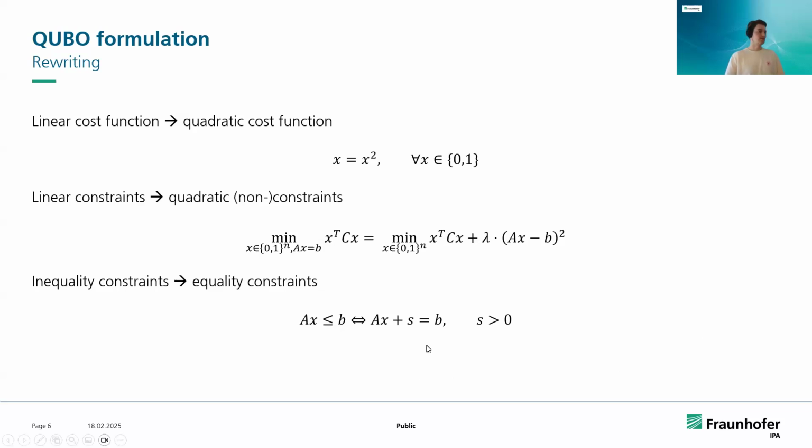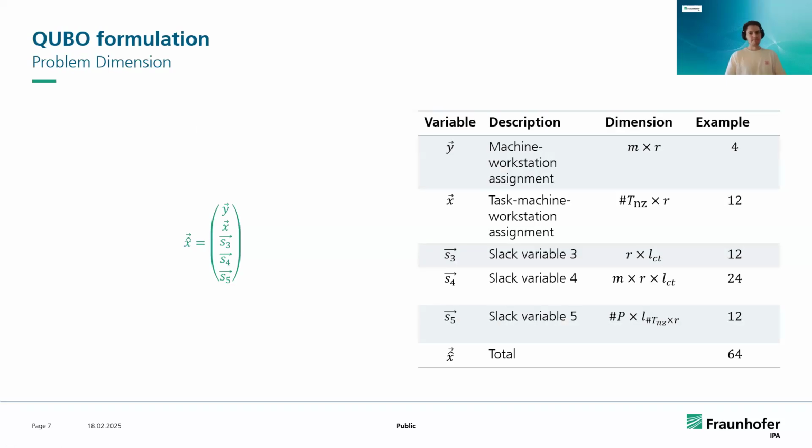They're just some sort of buffer variable, slack variable, as the name suggests, which allows us to reformulate the inequality constraints as equality constraints. By introducing these slack variables, we blow up the dimension of the problem. I have an example here.